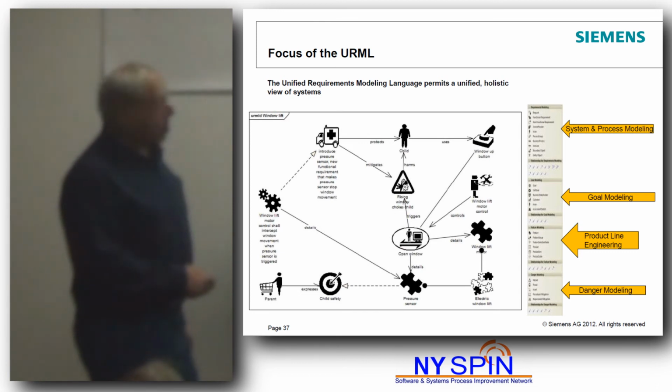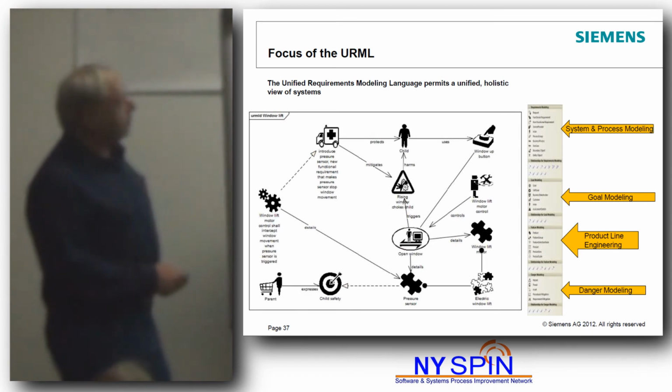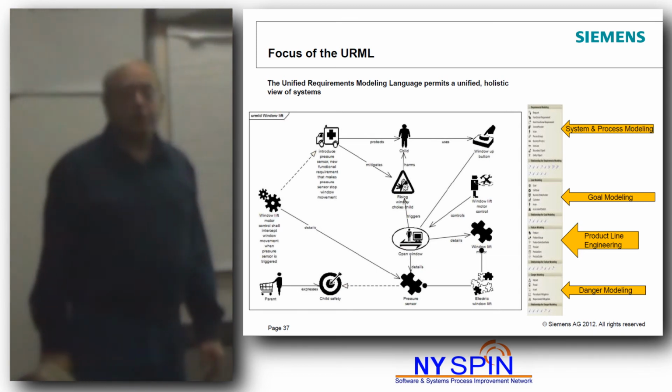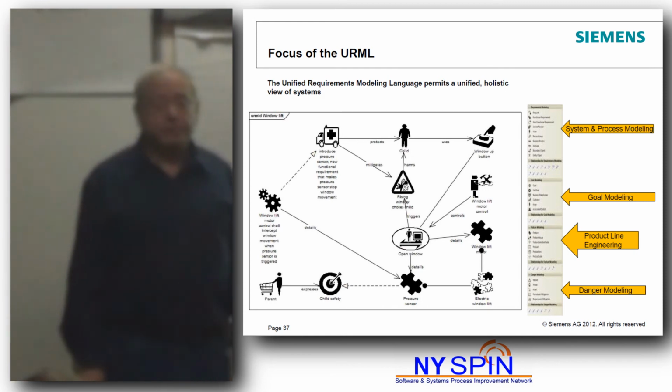And here we have a business goal that we're going to have child safety, and that goal was expressed by the parent. And here's a product feature, which is a pressure sensor, and here's a group of features, including the electric window lift. And again, we have the window lift motor here. And this is an external item, which is the window lift motor control, which is an external object that interacts with our system of interest.